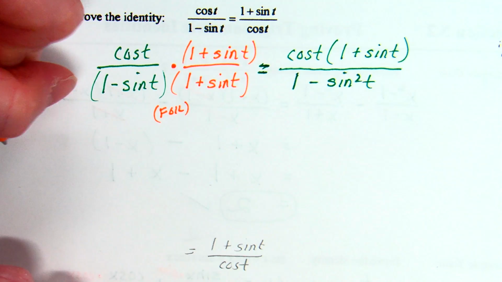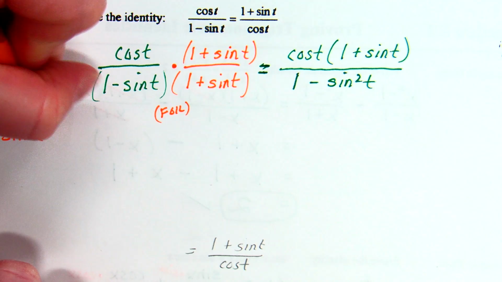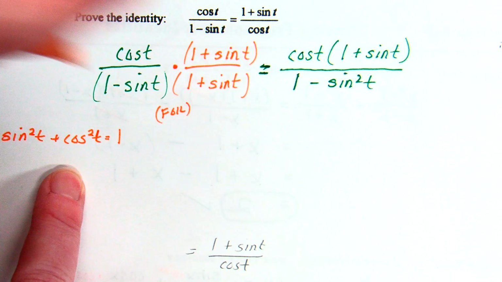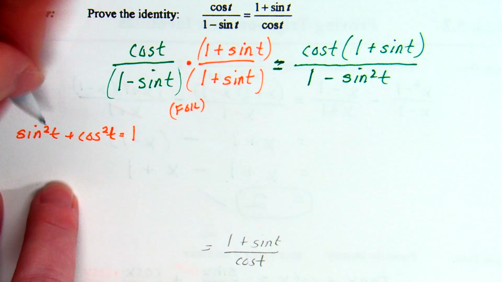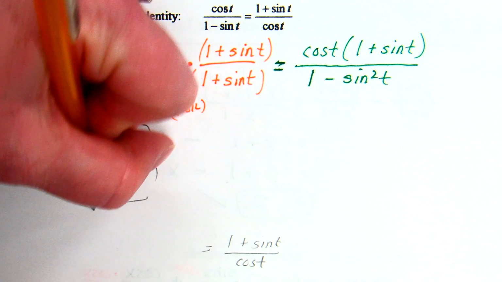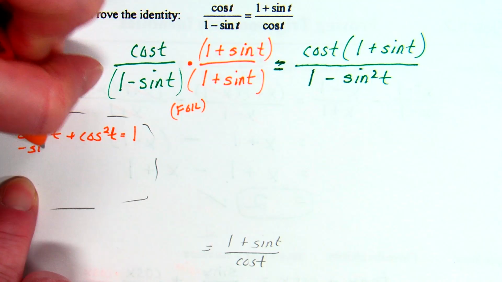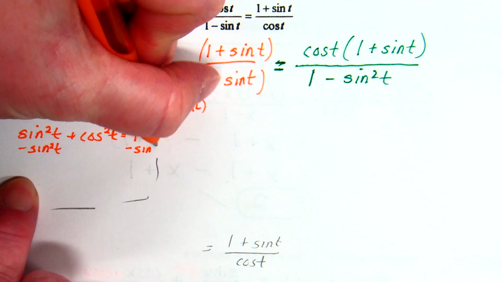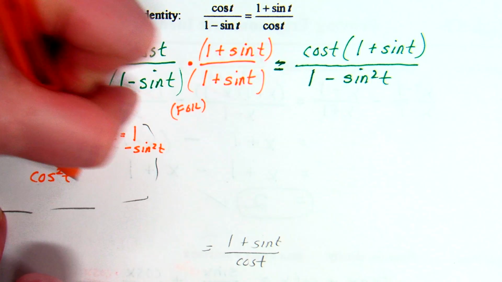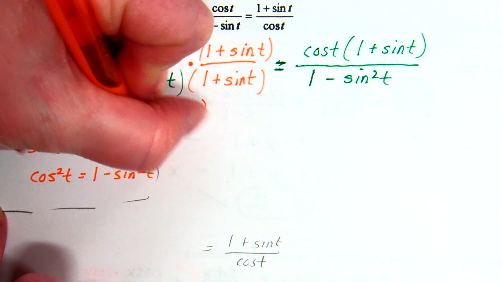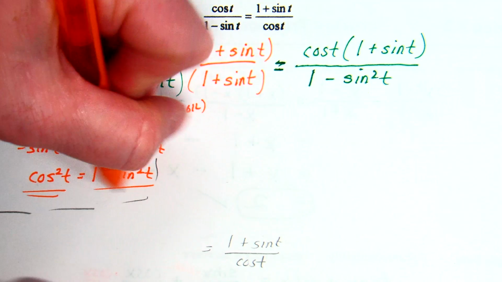A single cosine on top can cancel with a single cosine on bottom. If I do that, I now have 1 plus sine t on top over cosine t in the denominator. Okay? So that was a technique I wanted to show you there.